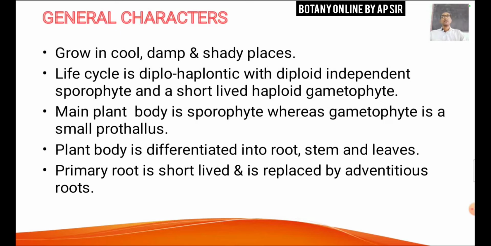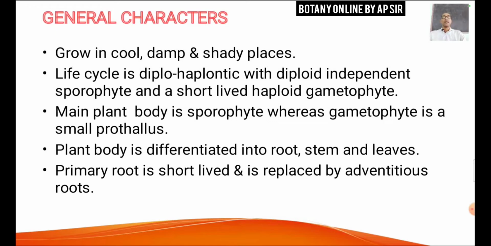The difference between pteridophytes and bryophytes is that in pteridophytes the plant body is a sporophyte, and that sporophyte is diploid in nature. In addition to that, not only is it diploid, it is also dominant as well as autotrophic in nature. Okay, the plant body is dominant as well as autotrophic, that is independent in nature.